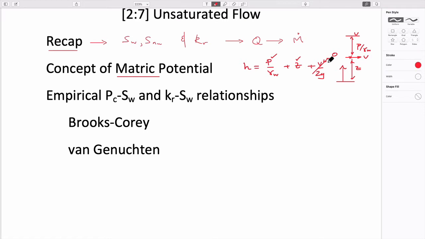And so when we talk about unsaturated flow in the vadose zone, we usually use a term which is referred to as the matrix potential, which we'll call, I think it's psi, right? Which is psi.